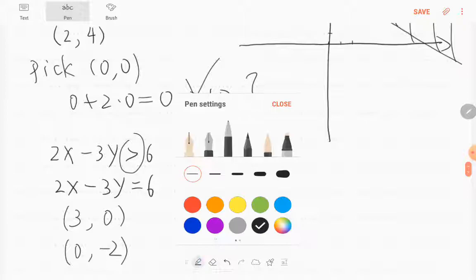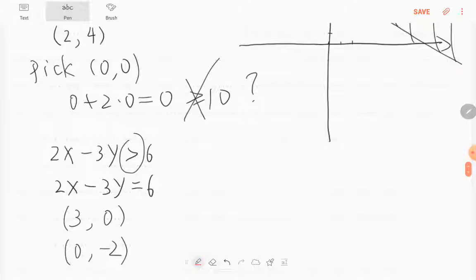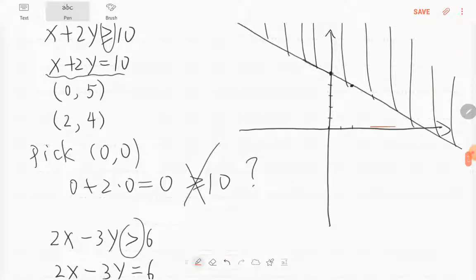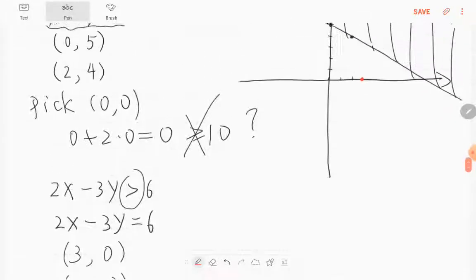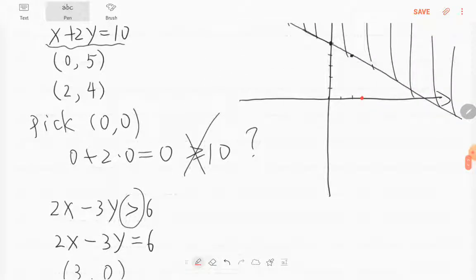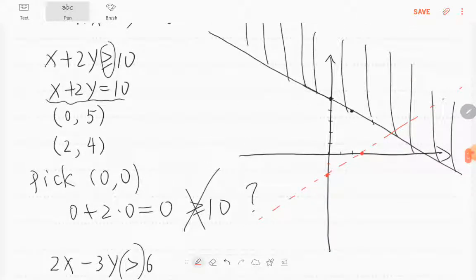We use another color. 3, 0 is 1, 2, 3, so 3, 0 is here. And what is 0, negative 2? Negative 2 is here. 1, 2. Then we connect these two points. We use the dashed line because the boundary is not included, right?